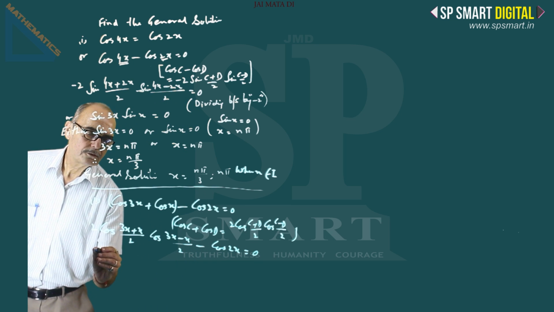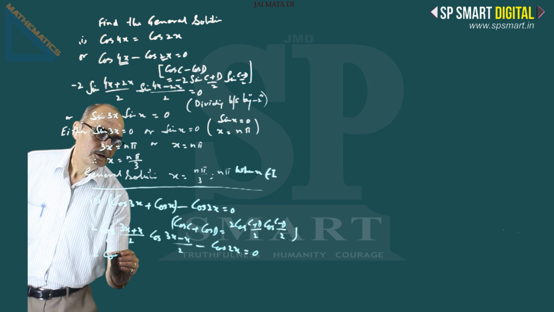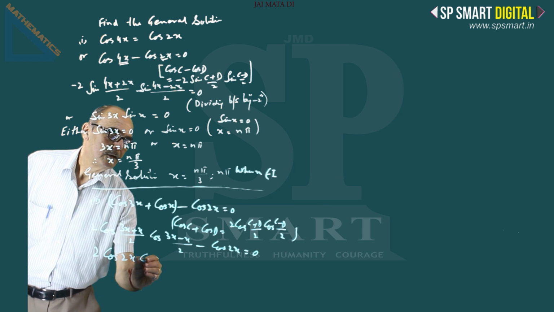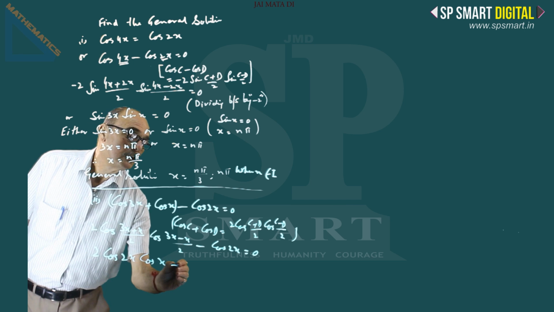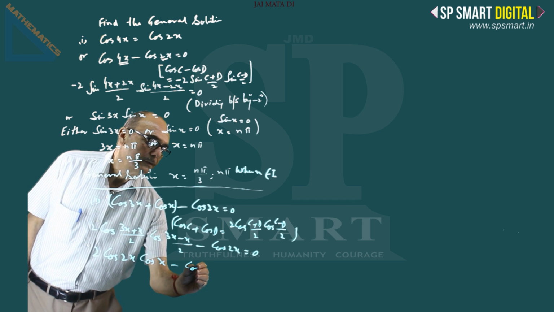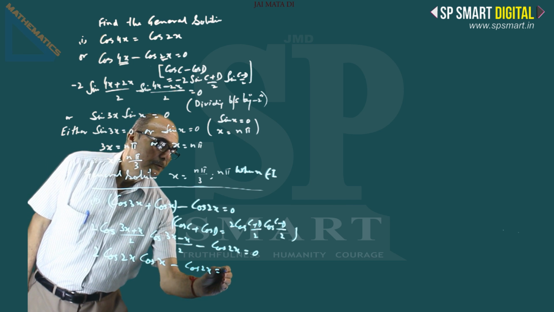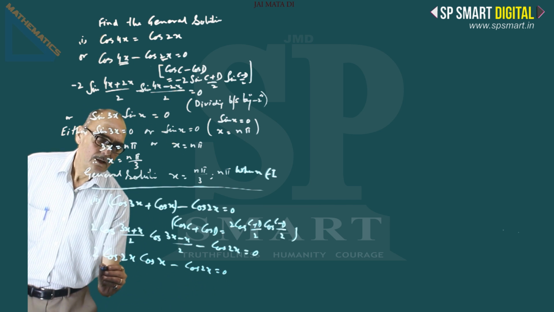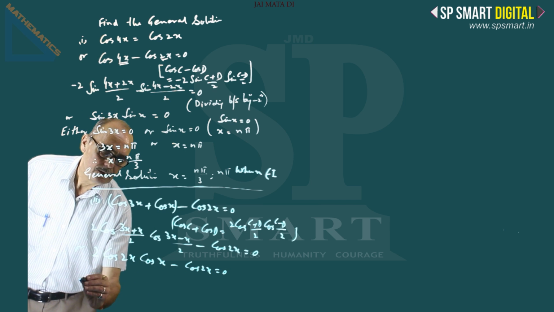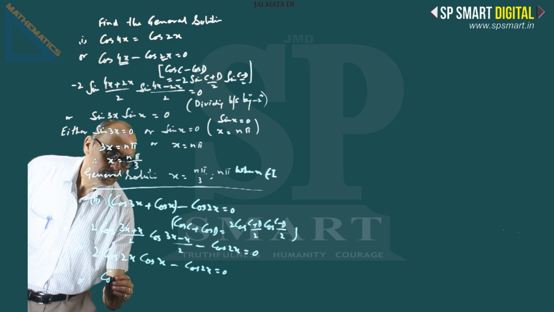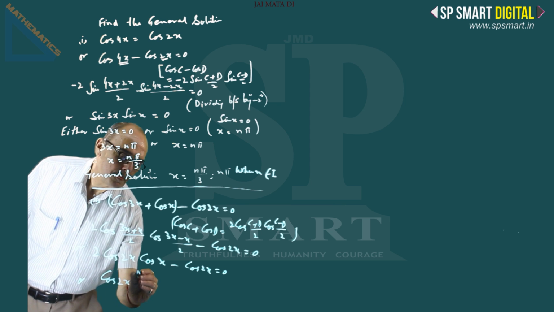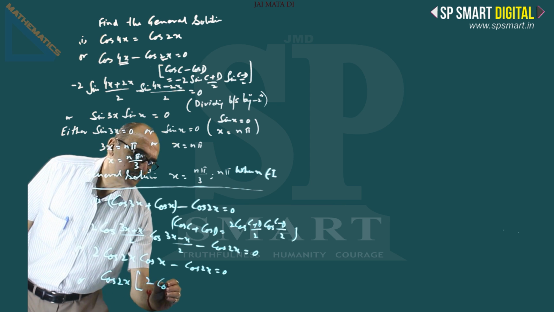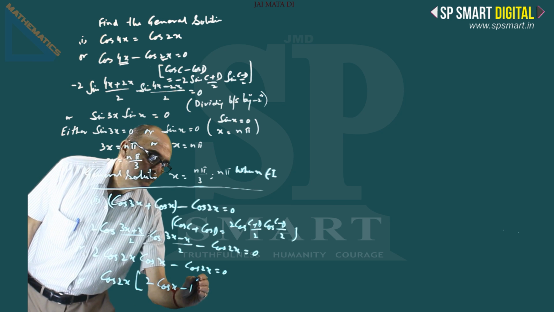So, this is twice cos 2x cos x minus cos 2x equal to 0. Or we take cos 2x common, there will be cos 2x times (2 cos x minus 1) equal to 0.